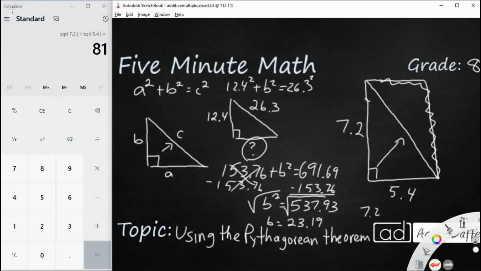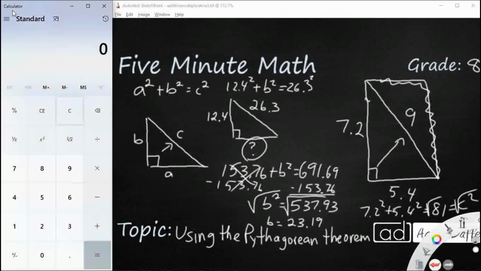All right, so we've got 7.2 squared plus 5.4 squared equals 81. And we know that those two squared need to equal our c squared, right? So that's our hypotenuse. So we take the square root of both, and it's actually going to make a nice even 9. That's very interesting that that one actually works out that way.